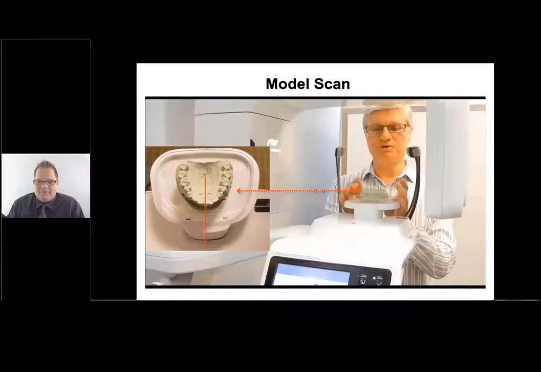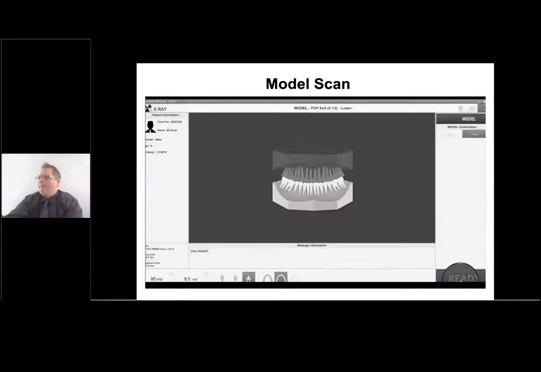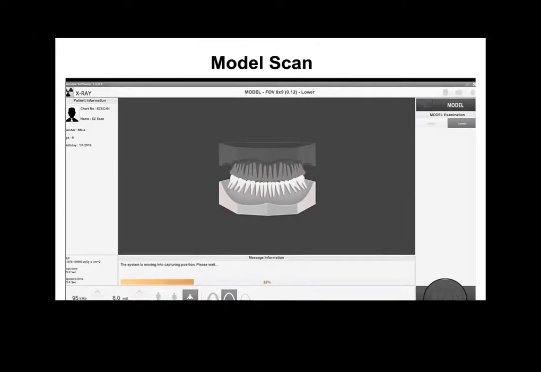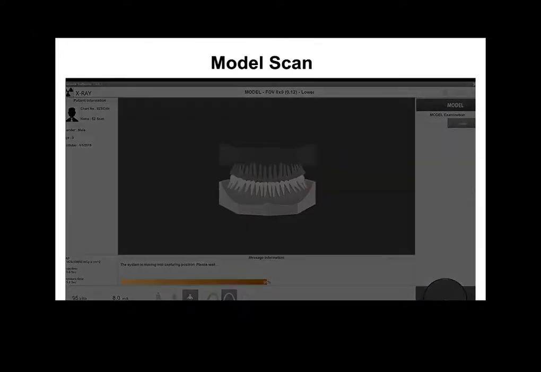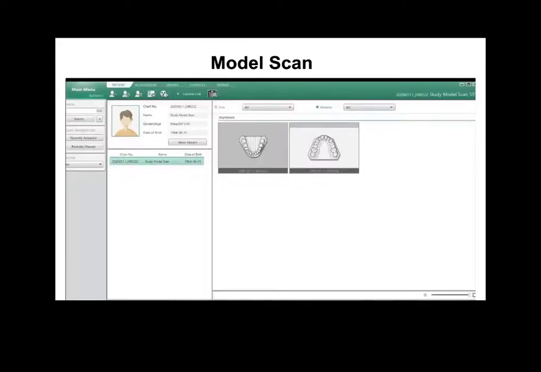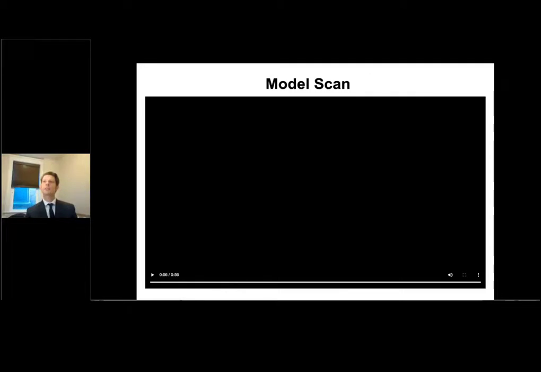And this is where we're placing that model on the appliance, lining it up center. Do want to make sure it's on there. We have an 8x9 field of view to capture. Click on ready, and then from there we're going to go ahead and capture our model. Once that's done, it's going to show up here as your STL file within the software itself.